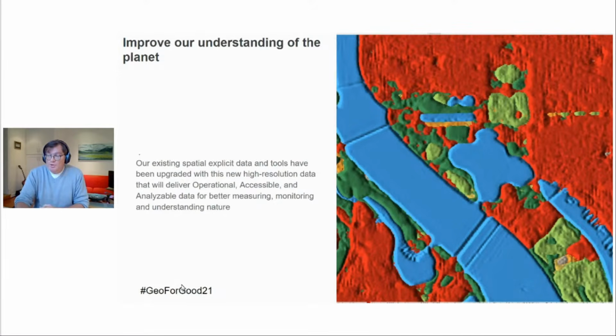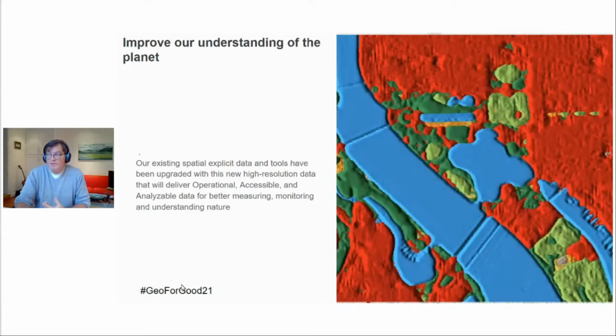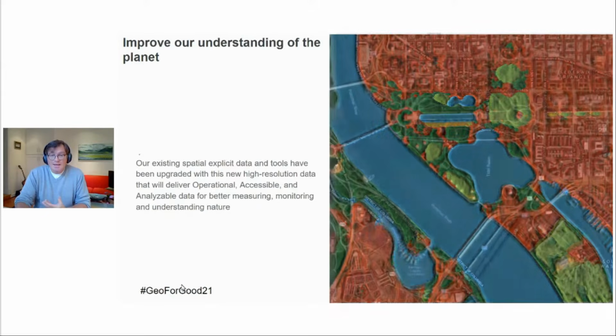Maybe it doesn't tell you so much what it is, but I hope in this next slide you'll see that this is Washington, D.C. You see the National Mall, and you see how well this data captures the simple things, where there's green and where there are cities. Again, this high resolution data increases our understanding so much, so we can better understand the ecosystems of the world.